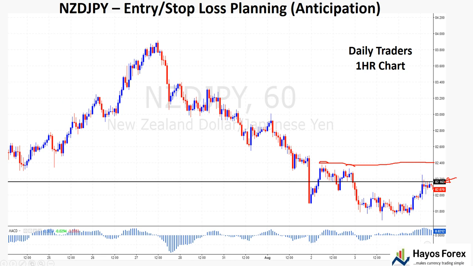So that's the difference, and the bottom line is for us to have our planning. So anticipate, don't participate, because the moment price leaves and you start chasing the price, that's where many people lose their money.